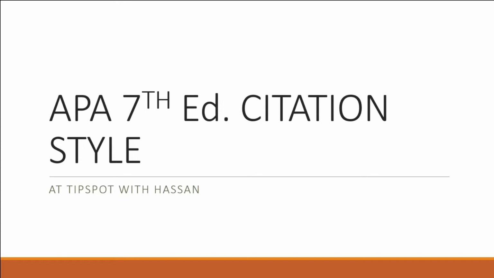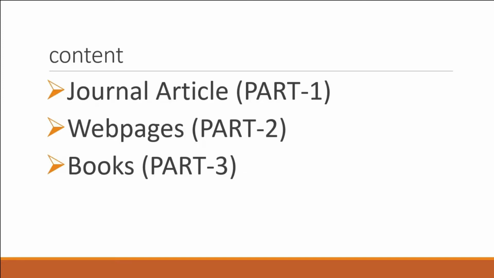Now, APA 7th, or APA generally, is one of the types of citation styles, because we have others like MLA, Chicago, and Harvard. But in this tutorial, we are going to talk about APA 7th edition citation style. Without consuming much time, I have broken this tutorial down into 3 parts, so I will be delivering it in parts.